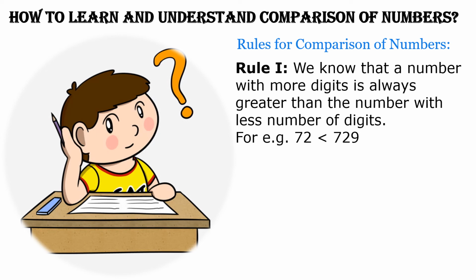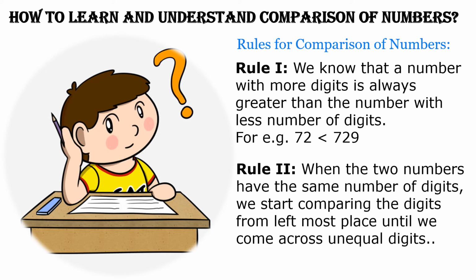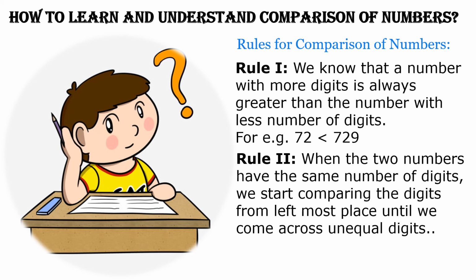Let's proceed with rule number 2. When the two numbers have the same number of digits, we start comparing the digits from the leftmost place until we come across unequal digits. For example, I have 621 and 512.